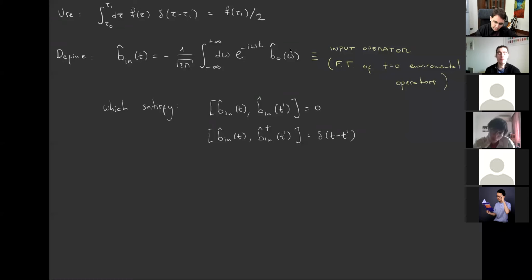Okay. And this algebra is really interesting because you see that these are actually canonical commutation relations, but in time. Usually you have always seen canonical commutation relations between operators of a set at equal times, right?